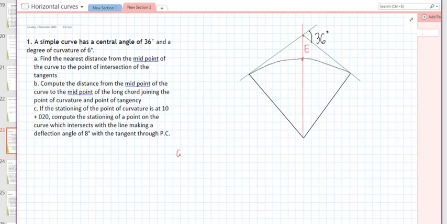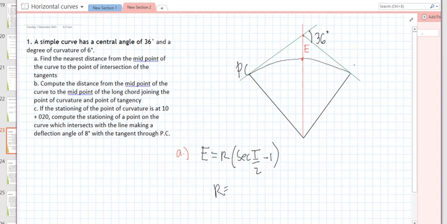so letter A sa ta. Wait lang. E is equal to R secant of I over 2 minus 1. So we need to compute for the R sa PC and PT.